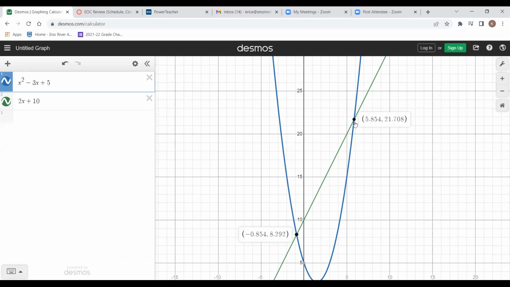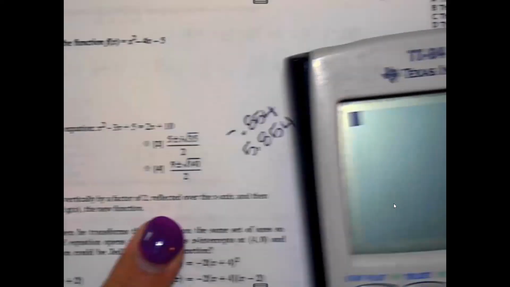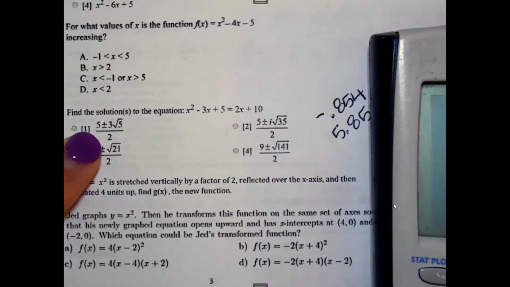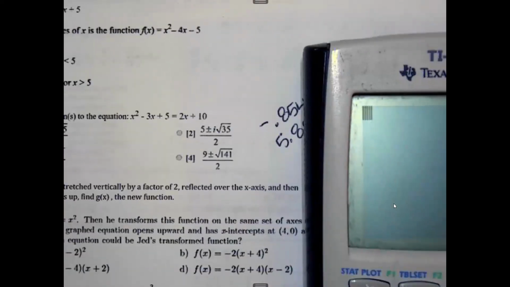And then from there it says the answers are given to you in exact form, so it's kind of like you've done the quadratic formula to solve the problem. You can type this part in Desmos, or in your graphing calculator. It doesn't matter. So now I'm going to check which of these exact form answers matches those decimals.